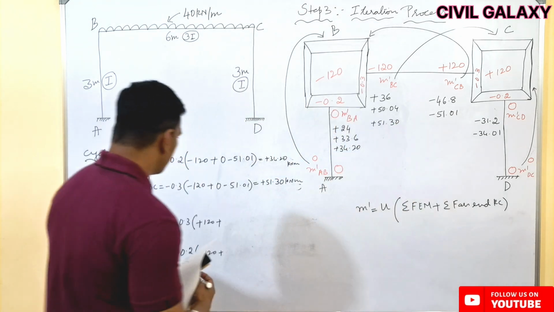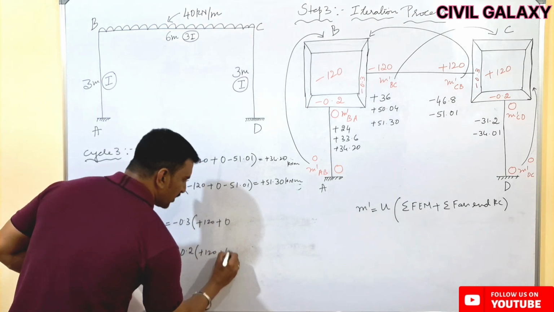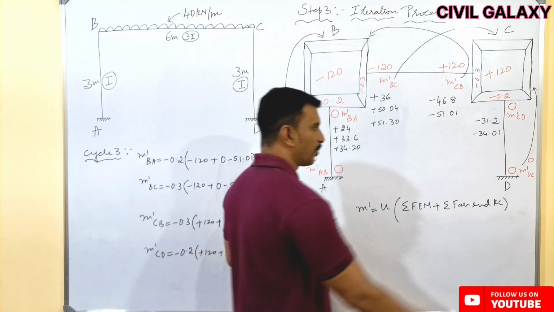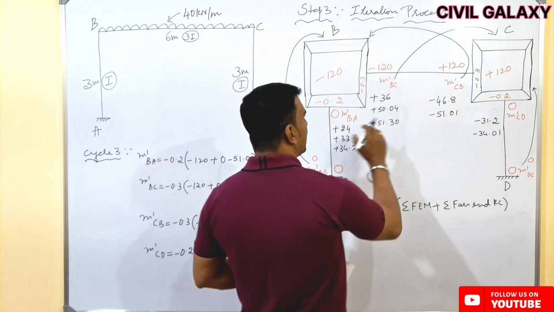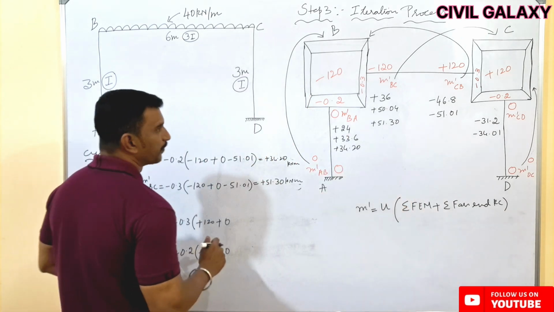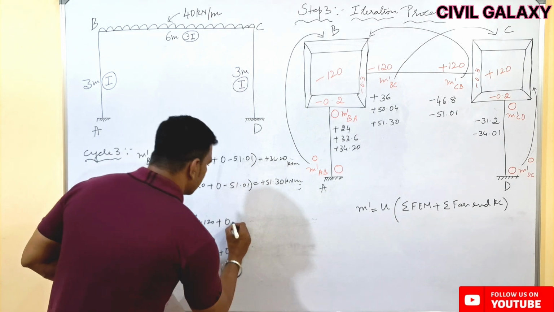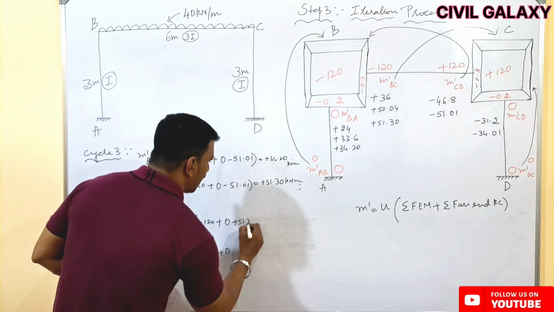Here also it is 0 plus 0, because the far end rotation contribution about m dash DC is 0, and the new iteration value which we have got is plus 51.30.